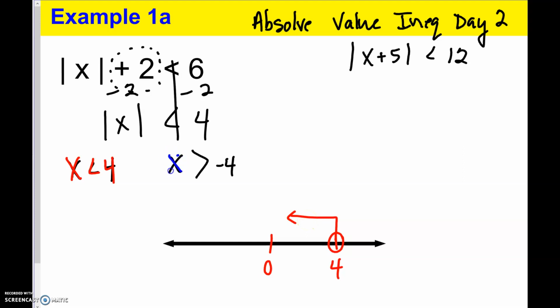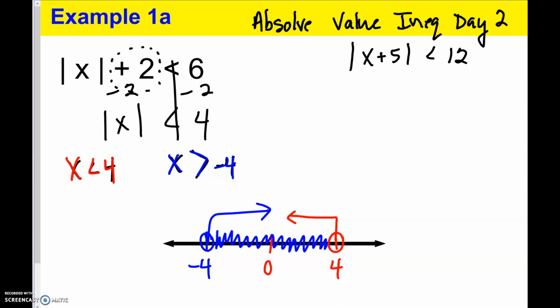Okay, and then we have x is greater than negative 4. So on our number line, we go to negative 4. It's an open circle because, again, we don't have that line underneath. And it's saying any number greater than negative 4, and so it shades to the right. So our graphs are either going to be shading out or shading between. And so this one is going to be a shading between.